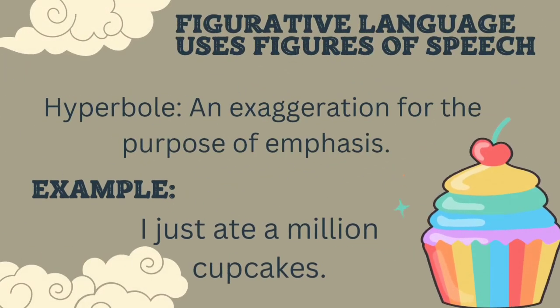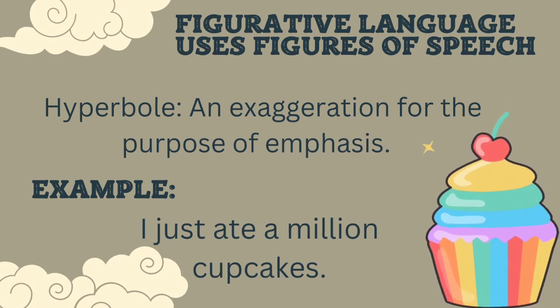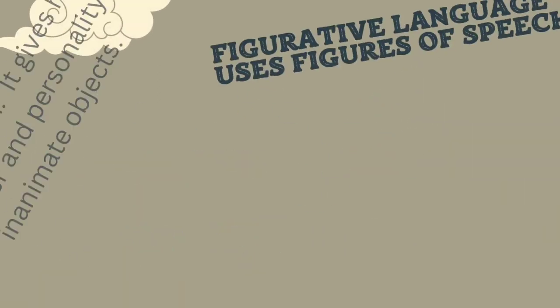We have here an example of hyperbole. A hyperbole is an old-fashioned exaggeration. For example, I just ate a million cupcakes. So it is a hyperbole emphasizing that I ate a lot of cupcakes, not literally a million. Eating a million cupcakes is impossible for a person to do.